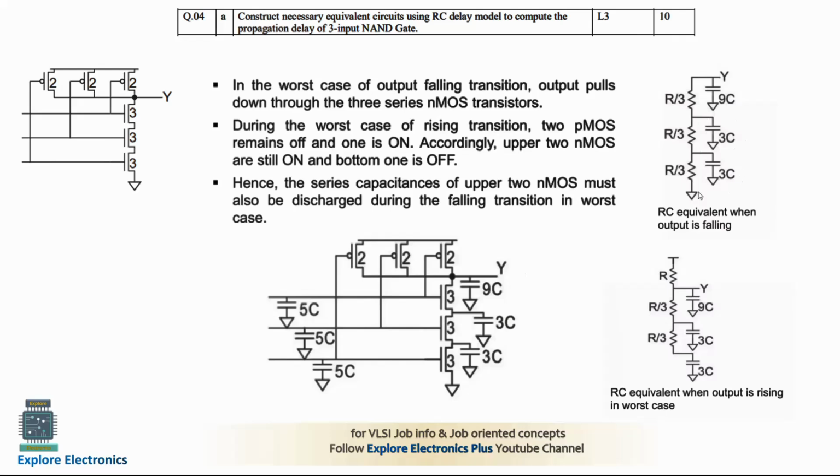So by considering these cases, we need to write the RC equivalent circuit when the output is falling like this, and also RC equivalent circuit when the output is rising by taking the worst cases. So this is the answer for RC delay model to compute the propagation delay of the 3 input NAND gate. You can see here the complete transistors capacitance are shown in this diagram.